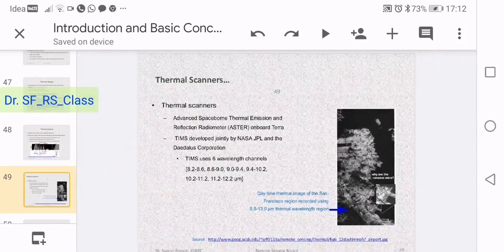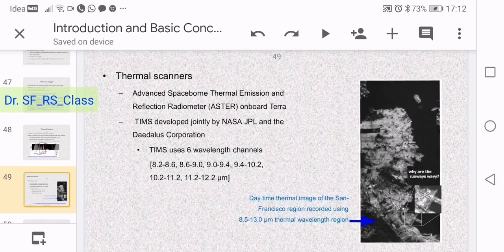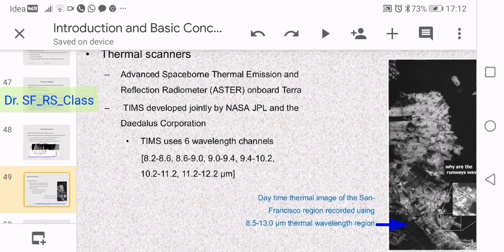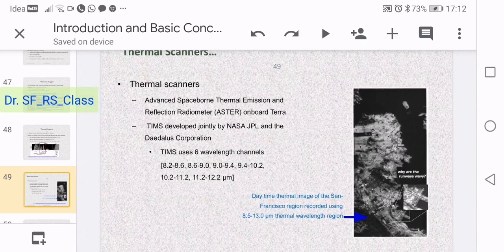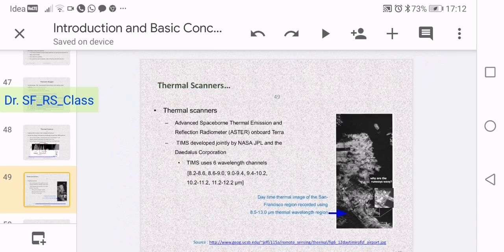So the thermal scanners help us to identify, especially from ASTER and these TIMS, as we explained, objects in the day and night, since we are not identifying the reflection, we are identifying thermal emissions of the object.